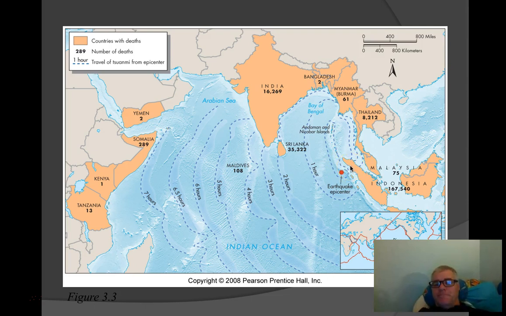But then there were people who never felt the earthquake in places like Sri Lanka, Thailand, India, where after 2 hours this large wave came and killed people. As you can see, most of the people who died were in Indonesia: 167,000 people died. But in India, you still had 16,000 people, 35,000 in Sri Lanka, 8,000 in Thailand. Even people in Somalia died 7 hours after the earthquake because this wave went all the way across the entire ocean.